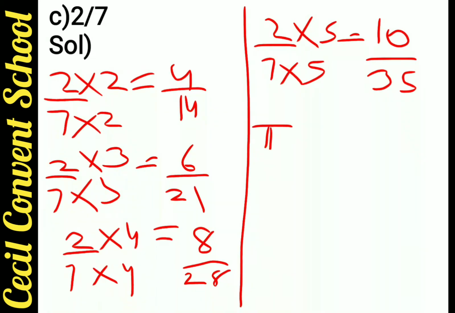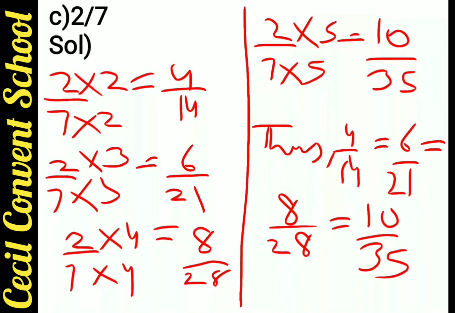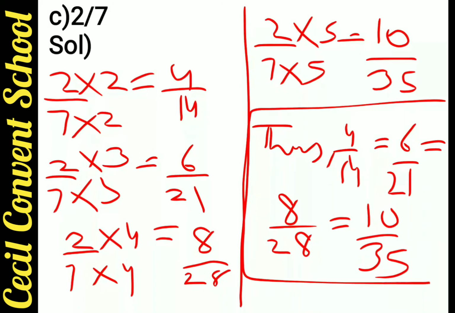Thus you will write all the equivalent fractions. Means 4 by 14 is equal to 6 by 21 is equal to 8 by 28 is equal to 10 by 35. Clear? And you can make a box around it also. Clear?